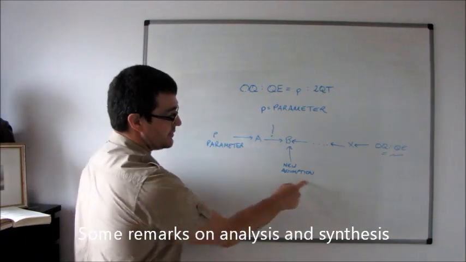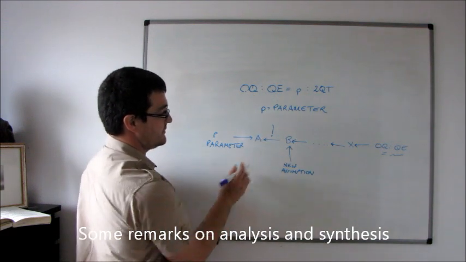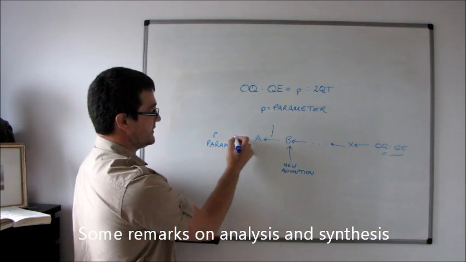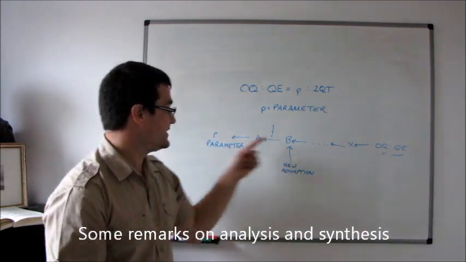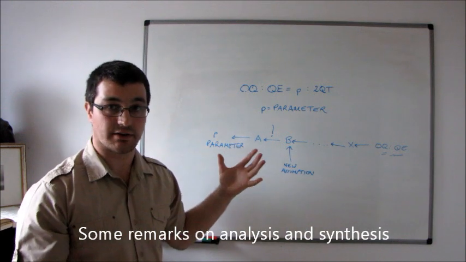And B coupled with this new assumption means that actually I can reverse that step. And let's say I don't have any problems reversing that step. Well, now this is the synthesis of the problem, roughly speaking.